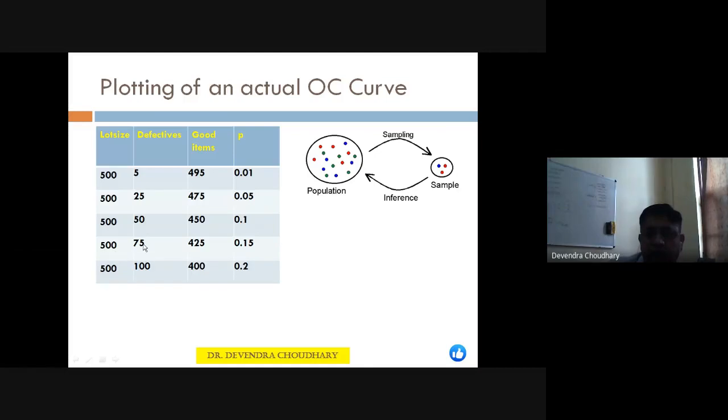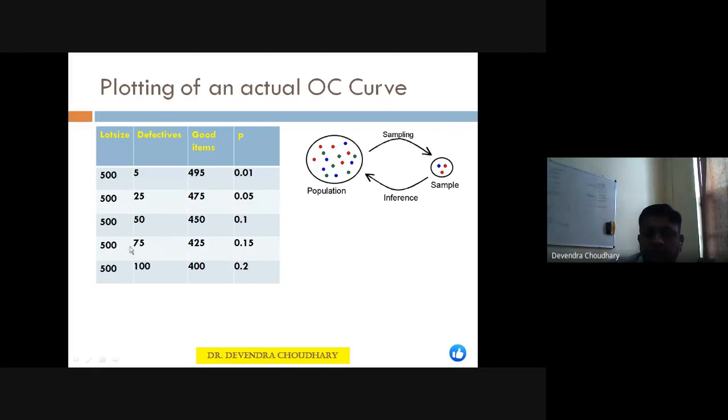So here, when you have 75 yellow peas and 425 green peas, in such a combination the fraction defective is 15%. For this, we take a sample of 30 items, and if in that sample you find defectives or yellow peas less than 3, then you write accept.